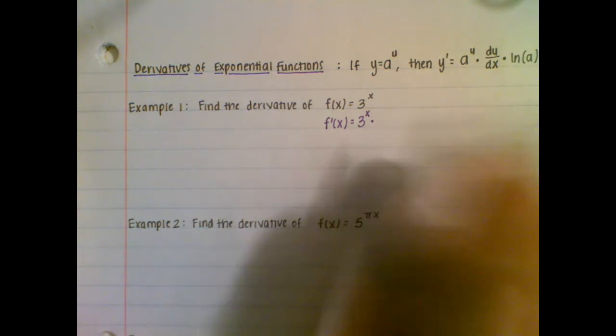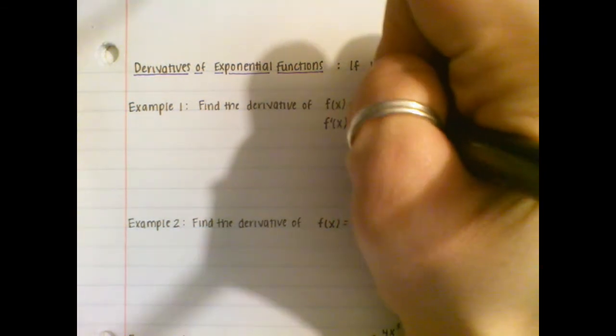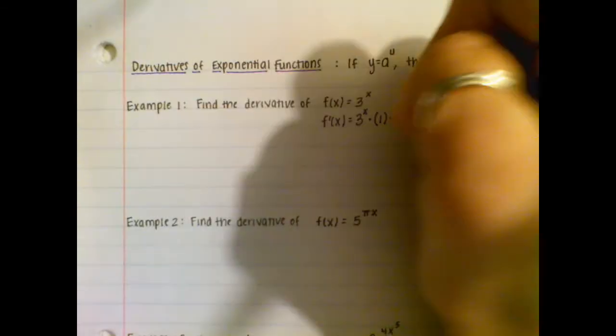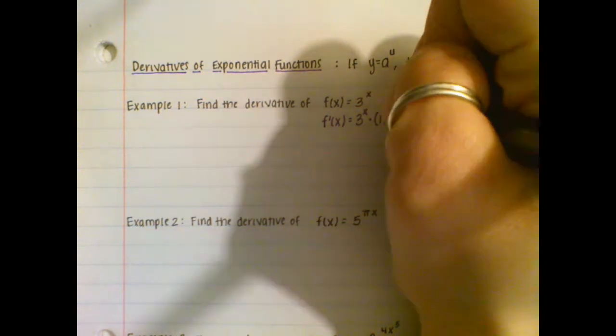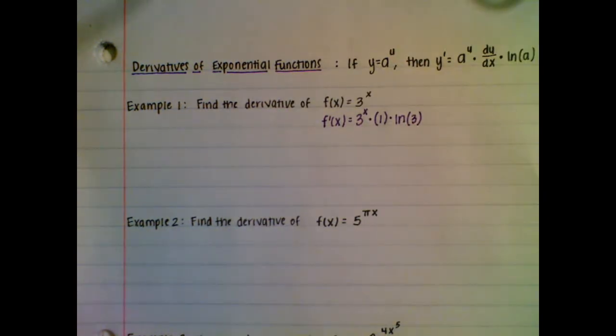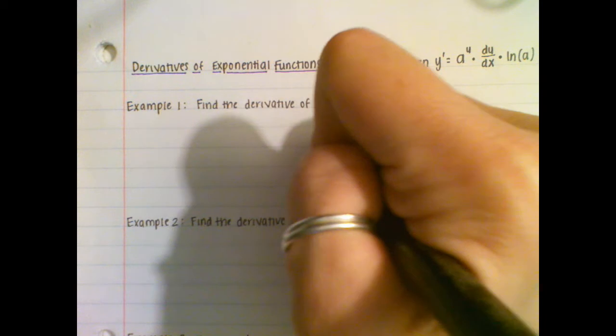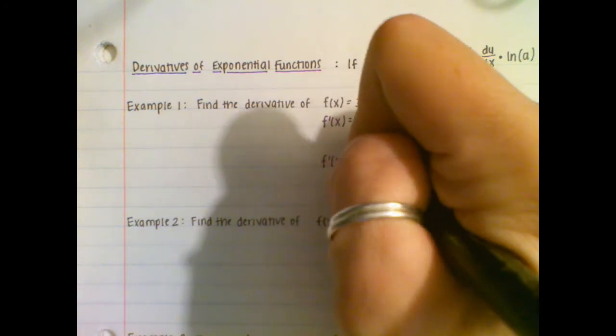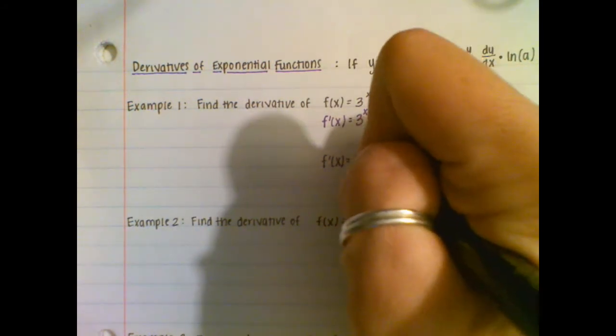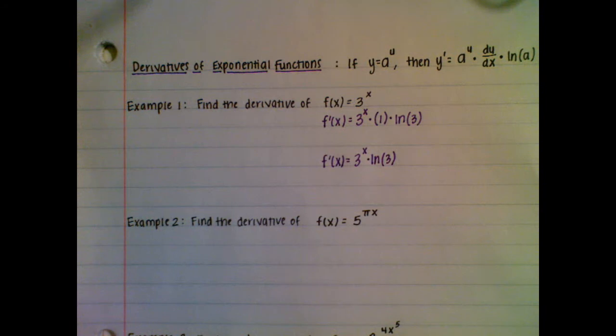In this case, our derivative of our exponent of x is actually just 1 times the natural log of our base, which would be 3. And I would just clean this up to make f prime be 3 to the x times ln of 3. And it's really as simple as that.